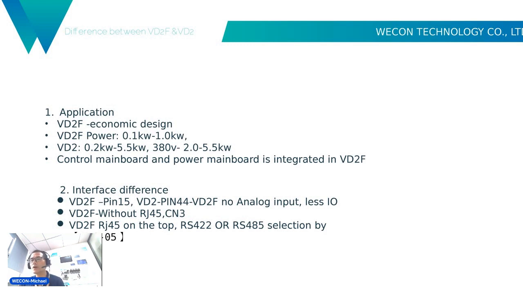For VD2, we have from 0.2 kilowatts to 5.5 kilowatts, and we also have a 380 power supply for VD2, with power from 2 kilowatts to 5.5 kilowatts. So you can see the VD2 series has bigger powers.